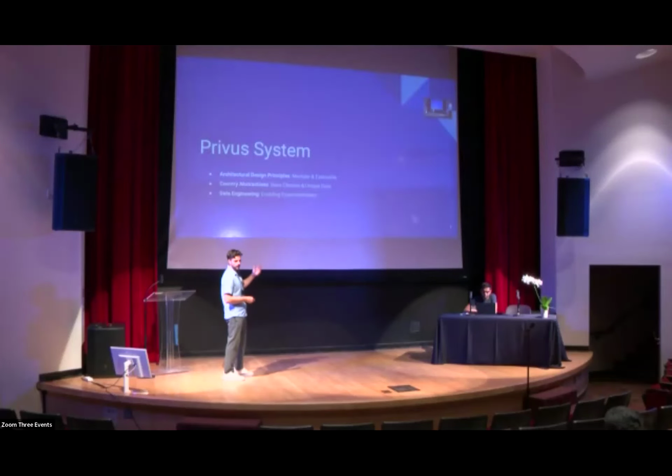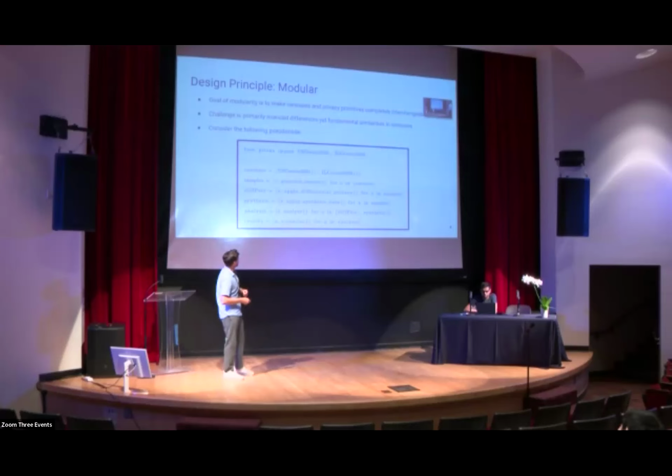Great. So now I'm just going to walk through this software system that we developed and speak a little bit about the design principles which are important for this particular research problem of census privacy. So first and foremost, we wanted to develop something that's modular. You want to be able to introduce any privacy primitive or any census and still be able to use a wide range of tools.